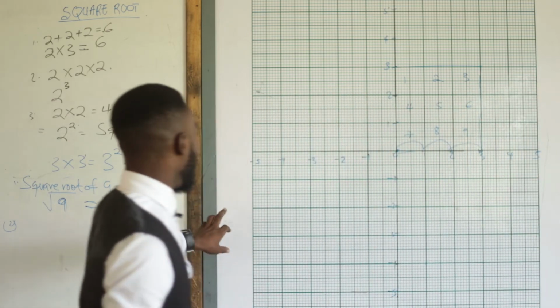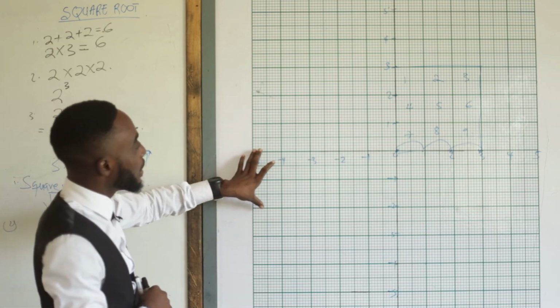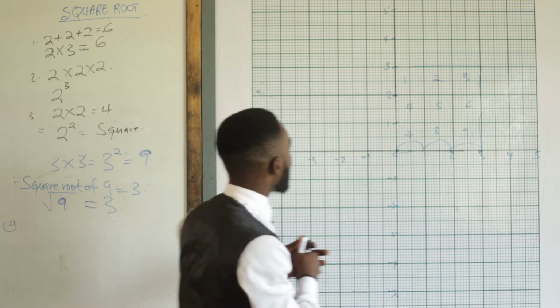Okay, let's note a few things when it comes to square roots. You will realize that we multiply 3 and 3 and we got positive 9.